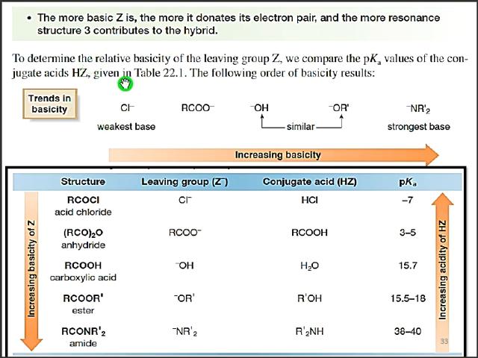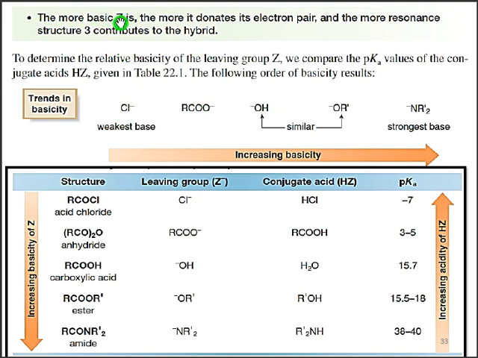Now, if I ask you which one is more stable than the others among the carboxylic acid derivatives, the acid chloride, the anhydride, the ester, or the amide, here you have to think about which one is easier to enter the resonance structure or to give the 3rd resonance structure.